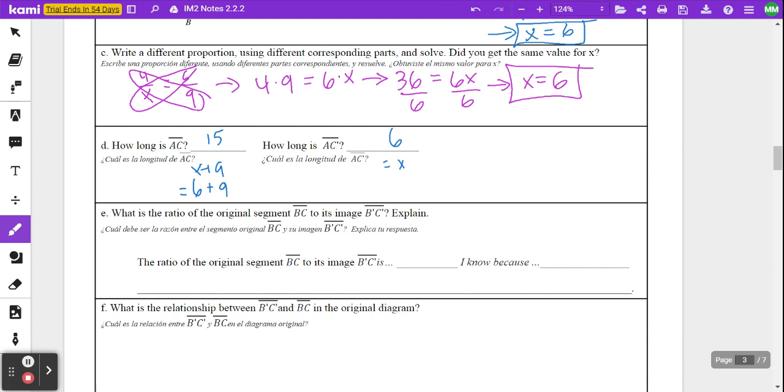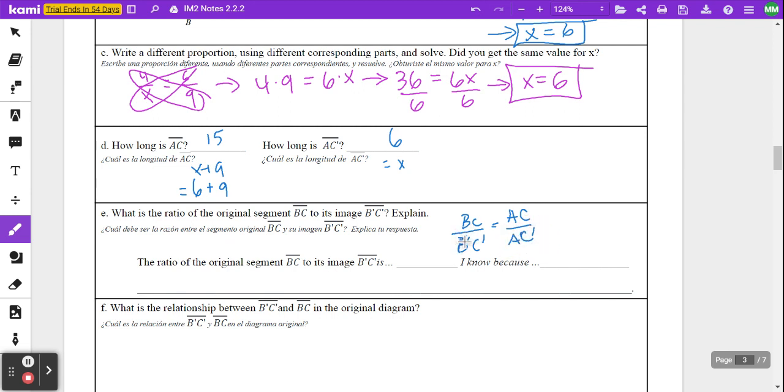We're getting all of the pieces together, and then we're going to write an equation. What is the ratio of the original segment BC to its image B prime C prime? Okay, so that would be BC, which is an unknown length, over B prime C prime. It might be a little bit confusing, but we actually do still know that ratio because all of the corresponding side lengths should be proportional. So it'll be the same as AC over AC prime.